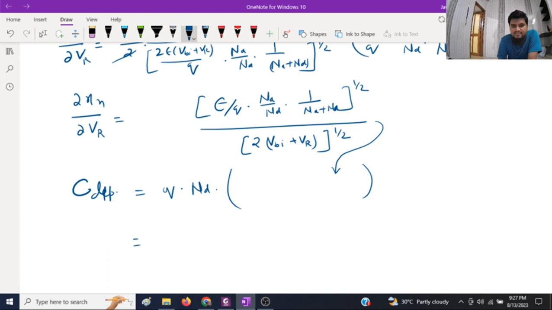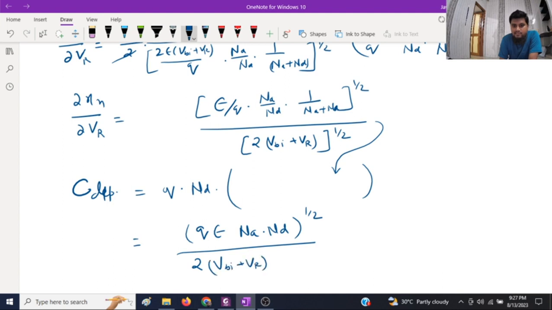So the final expression you can write as, well, this Q is our root over here, so this will come into the numerator now. Q epsilon root Na by root Nd, so that will become Na into Nd whole root, divided by 2 (Vbi plus Vr), that was already in the root.